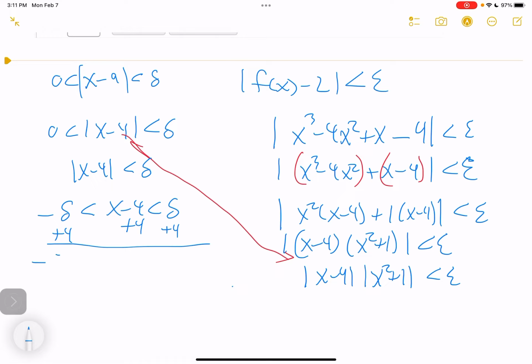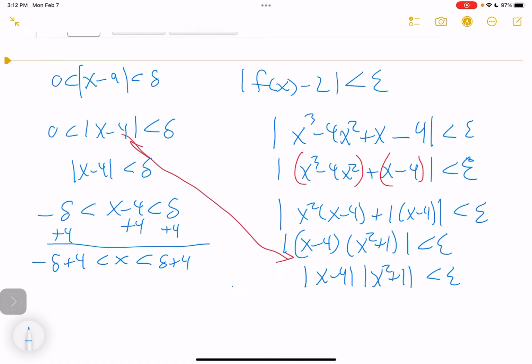So we'd have negative delta plus 4 is less than x less than delta plus 4. And one thing that's true is we can make an upper bound bigger, and we can make a lower bound smaller. But we can't make an upper bound smaller or a lower bound bigger. And the idea is we want to have kind of mirror opposites on either side of this. And right now we don't have that.